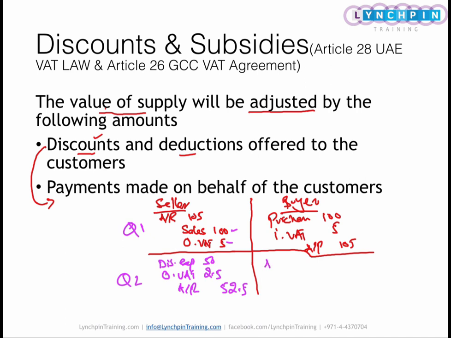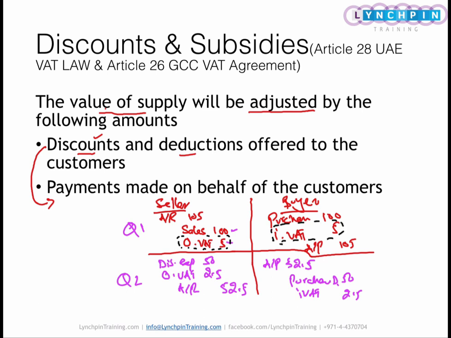He won't pay half of the amount, so he'll be debiting accounts payable by 2.5, and he'll have a purchase discount by 50, and he will credit his input VAT by 2.5. In this manner, we have now adjusted our VATs, what we recorded in both cases.